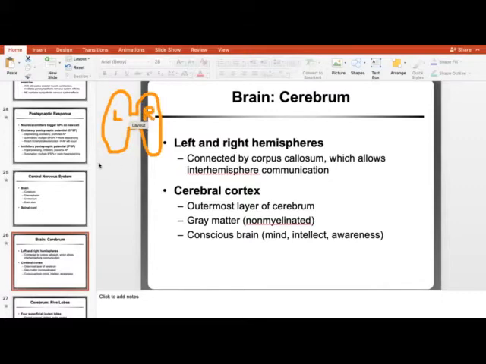Now, the left side of the brain is different than the right side of the brain. They do different things. The left side of the brain is responsible for things like math and reading and fine-tuned details. It's typically somebody who has a good vocabulary.